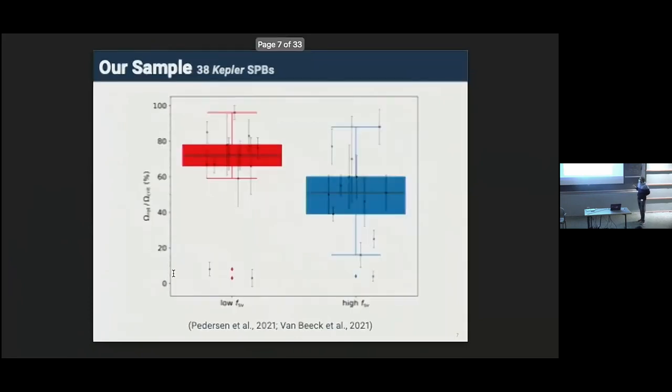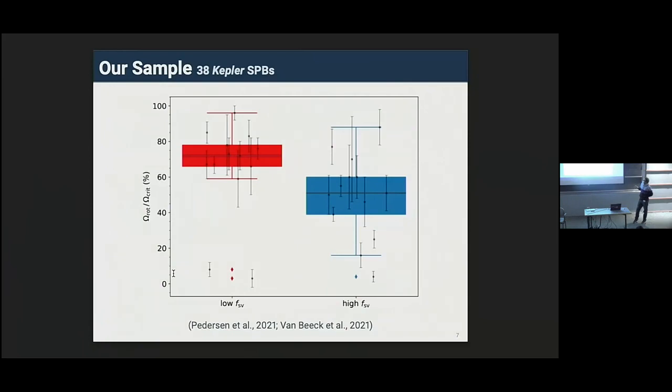As I told you, these stars rotate at varying rates. And for our sample, again, I show you the results for the 26 SPB stars for which I determined the rotation rates. This is not that important at the moment, but what is important is that we look at the y-axis, where you can see that the rotation rate is going up, from around 0% rotation all the way up to around 100% critical rotation.